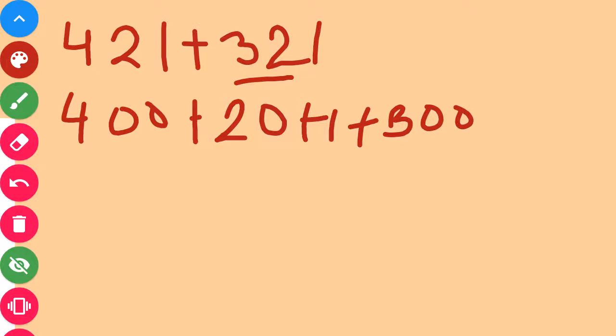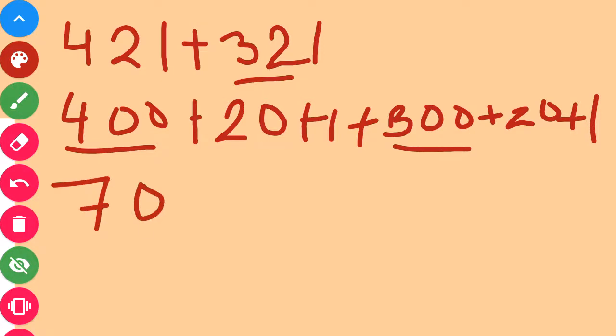300 plus 20 plus 1. Now 400 we will add to 300. 400 plus 300 will give us 500, 600, 700. We'll get 700. Now 20 plus 20 will give us 40.